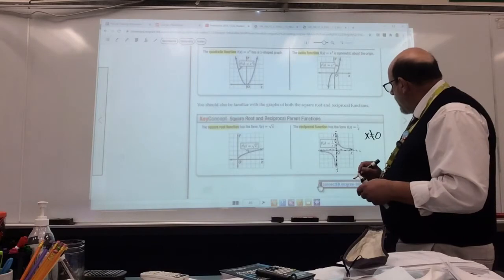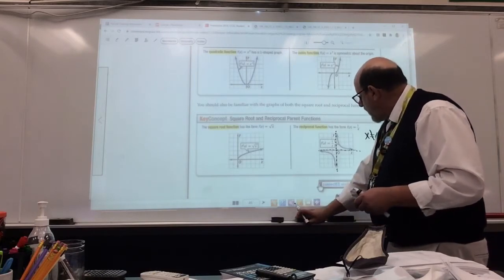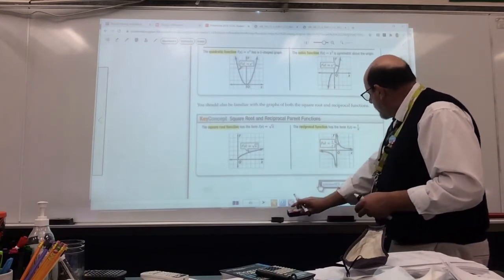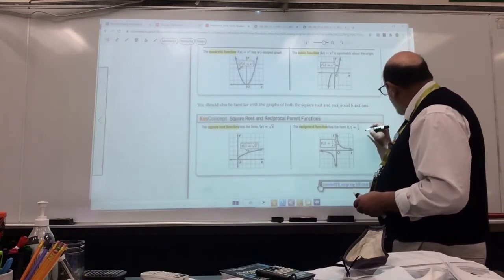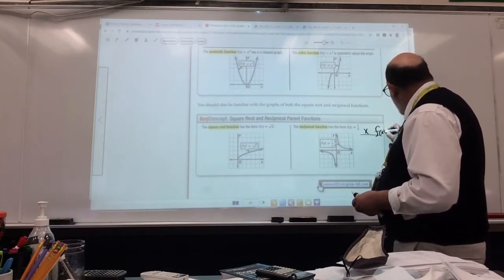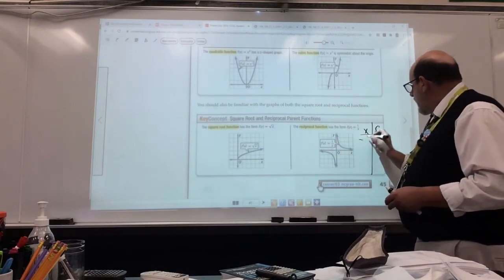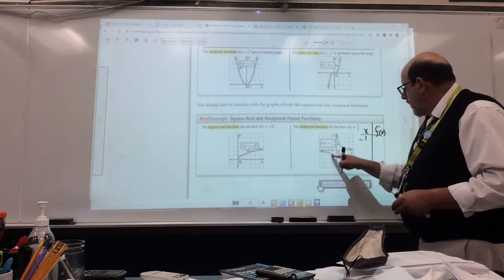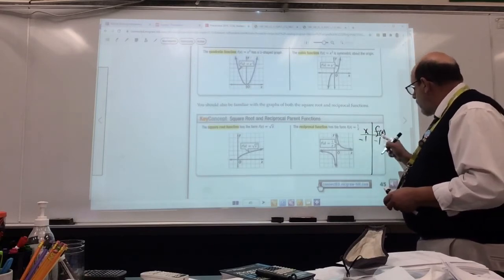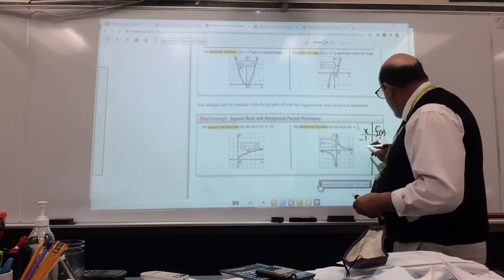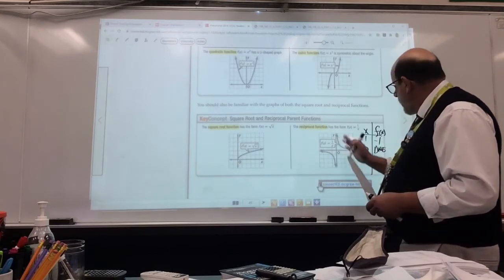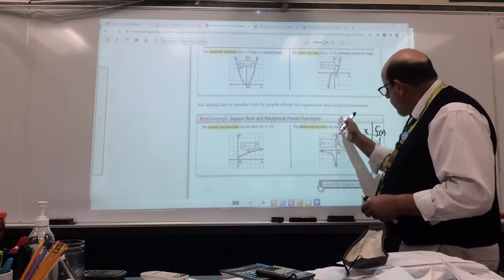And, if we need to know where to graph this, we know that if we create our input-output table and we put in -1, we will get out -1, and that makes perfect sense. 1 over -1 is -1, and 0 does not exist, so we have an asymptote right here at 0.